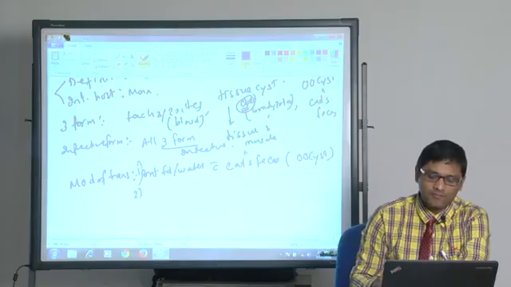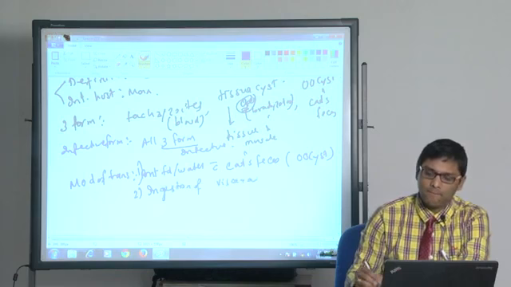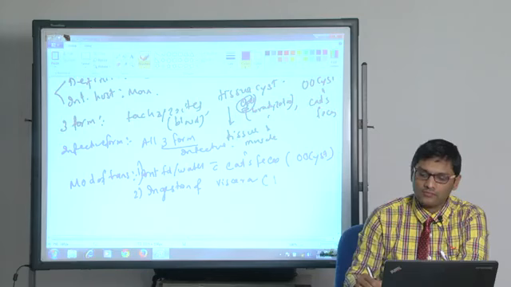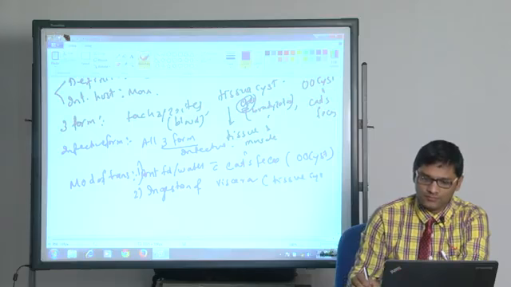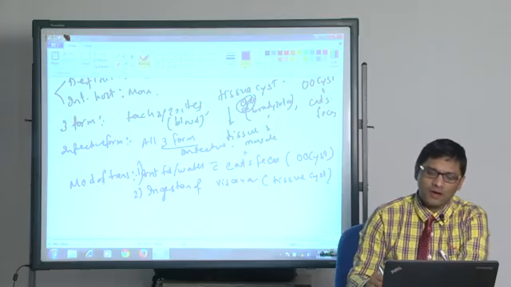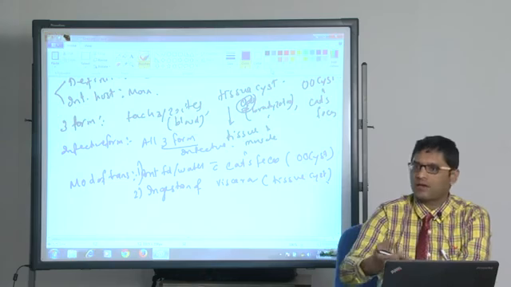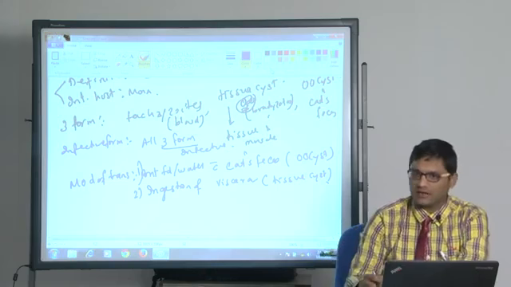Second is ingestion of viscera containing tissue cyst. Okay. Of course, cat we do not eat, but there are so many other feline animals which maybe can be eaten.